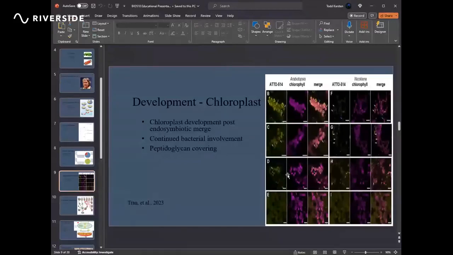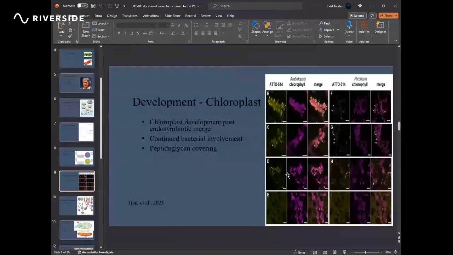The development includes the continued involvement of bacteria to aid in the process. The peptidoglycan covering is a result of phagocytosis, or the engulfing of the double membrane system after the endosymbiotic reaction has occurred. The PGN may be ancestral and is now common in eukaryotic cells.